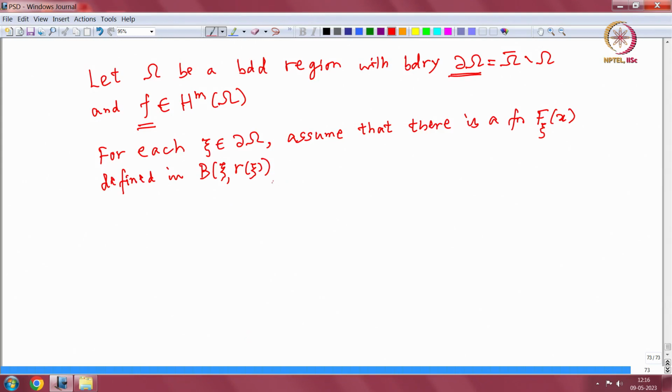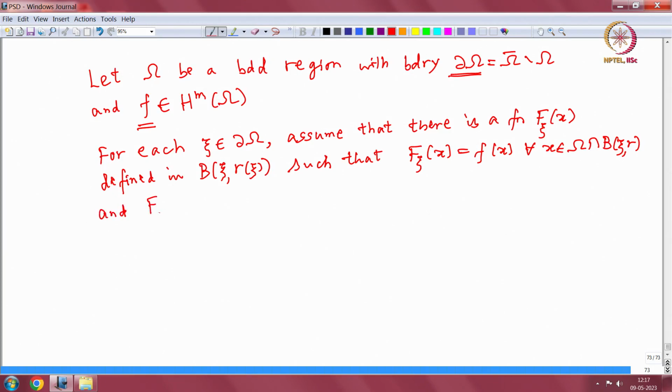Such that, first of all it is an extension of given f in this ball, such that f j of x is equal to f of x, so for all x in omega intersected with this ball of radius r, and of course we want this in the same class.